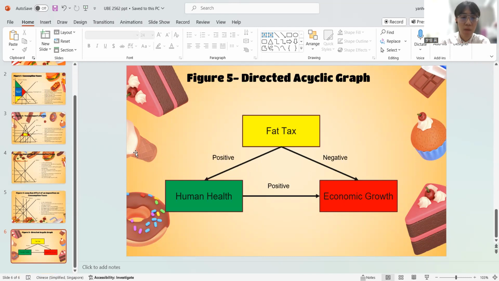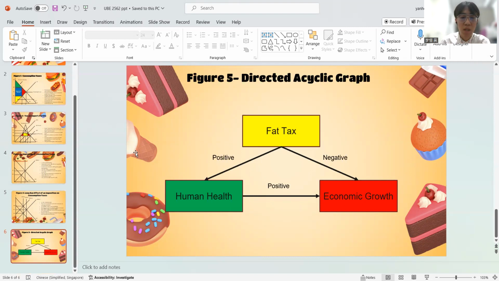This tax has a positive impact on human health by reducing the consumption of unhealthy foods and beverages. However, the fat tax also has a direct negative impact on economic growth. This can be due to reduced consumer spending and potential effects on related industry.